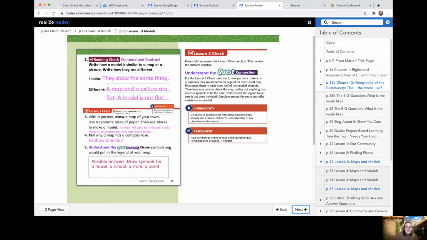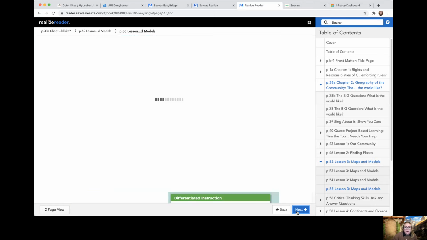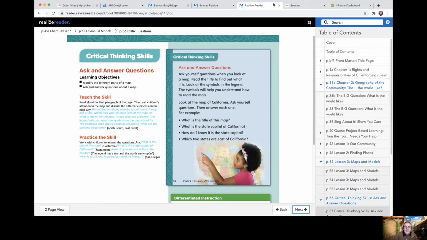So we want to make sure that we know that a map and a model are the same thing, but a map is flat and a model is not. Okay? And that's all that we learned today for our lesson.